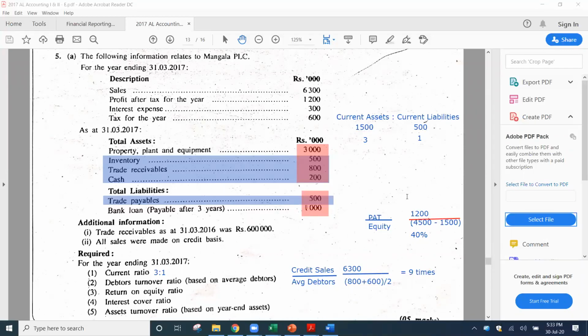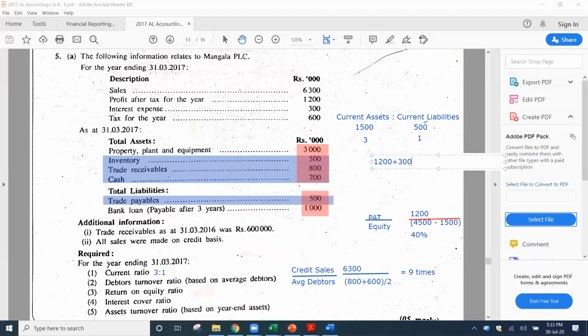Interest cover ratio. How many times can you cover the interest? How do you calculate it? Profit before interest and tax divided by interest expense. Profit after tax is 1,200.